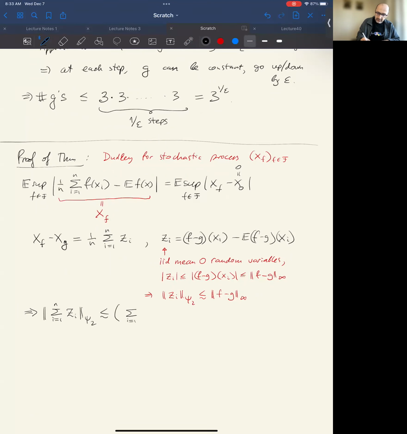And specifically, this is what we showed in the sub-Gaussian Hoeffding, from lecture 14 on October 3.